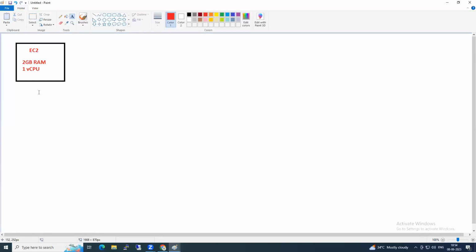Listen to this carefully. I got a requirement from a customer saying, hey, set up something. I went and launched the EC2 instance and set it up. Then people started accessing that EC2 instance. How much RAM does it have? 2 GB RAM.